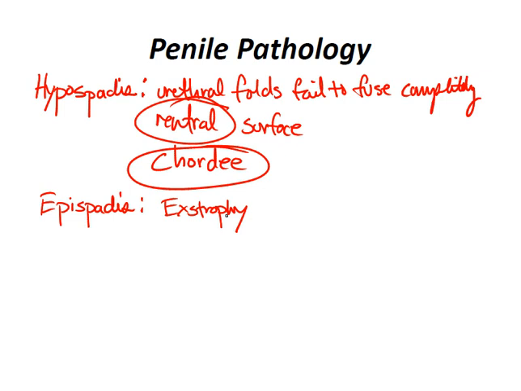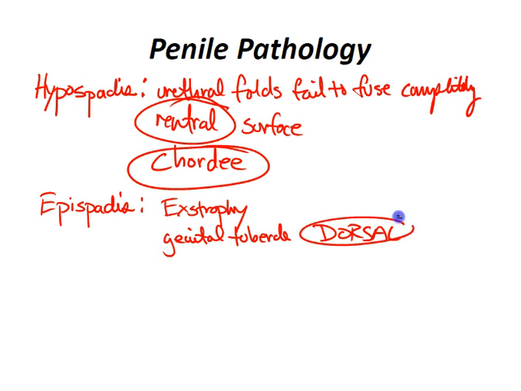It's a faulty position of the genital tubercle during development. So the external urethral orifice opens on the dorsal, not ventral, dorsal surface of the penis. And it's associated with exstrophy of what? The bladder.